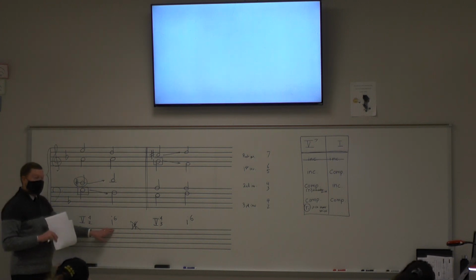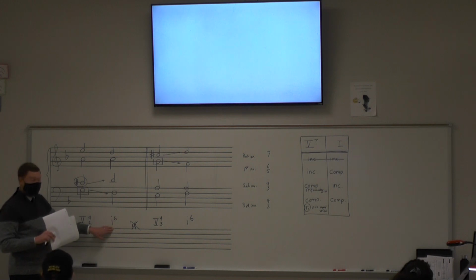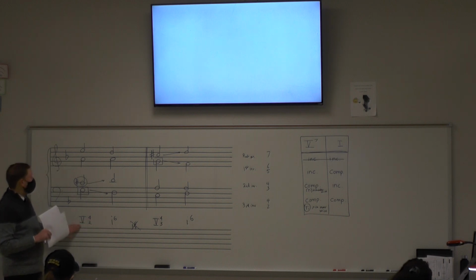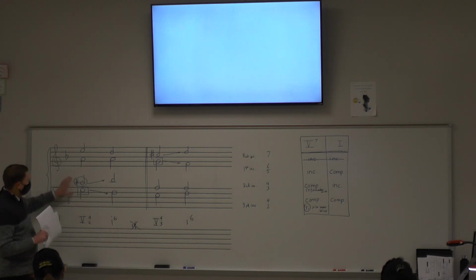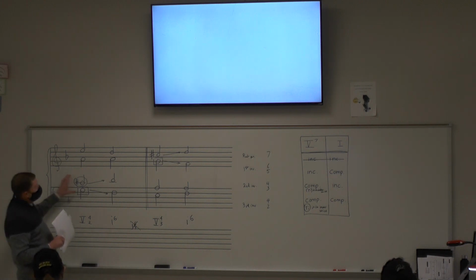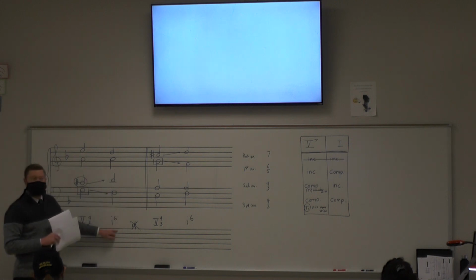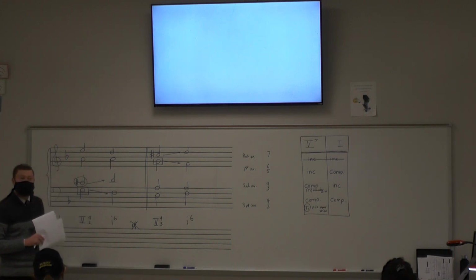The inversion or the bass position of the tonic chord is entirely dependent upon, or entirely at the mercy of, where the 5-7 chord's tendency tones are. Because the placement of the 5-7 chord's tendency tones will determine whether this one is going to be root position or first inversion. That's a big deal.